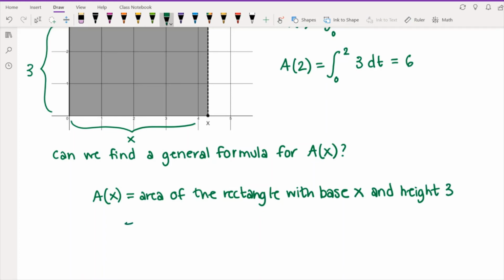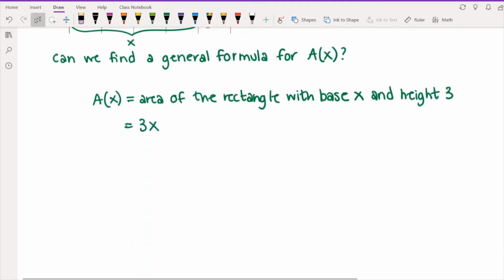And so what would that area be? It's just going to be 3 times x. So I want to write all this down, the actual function and what we got as our answer, because in the next video, we're going to be coming back to this example as well as the next one and seeing something interesting that's happening.